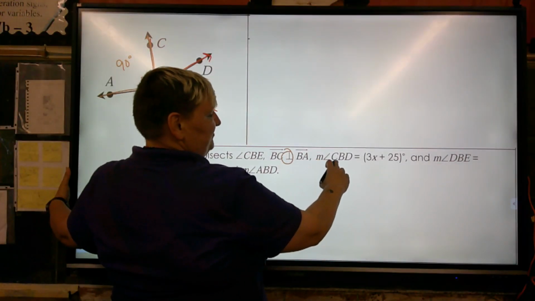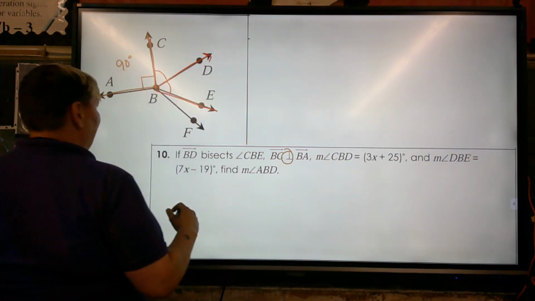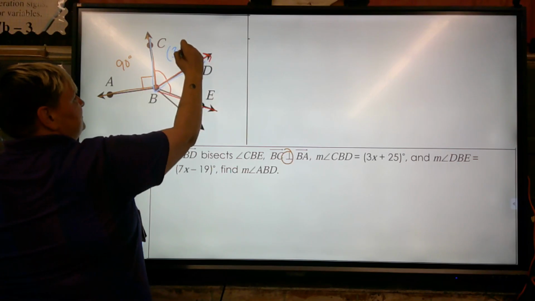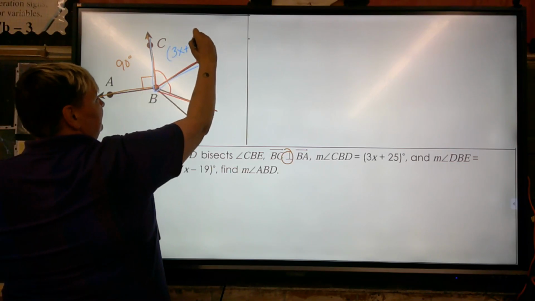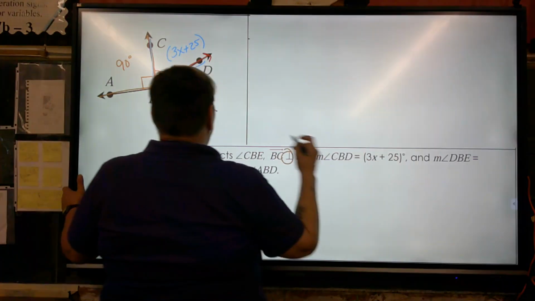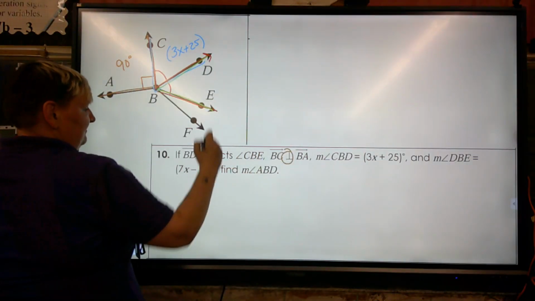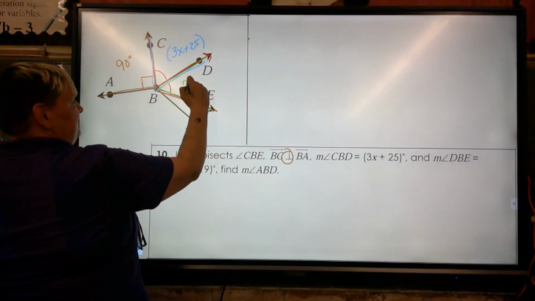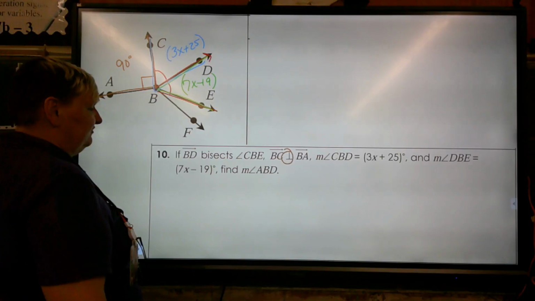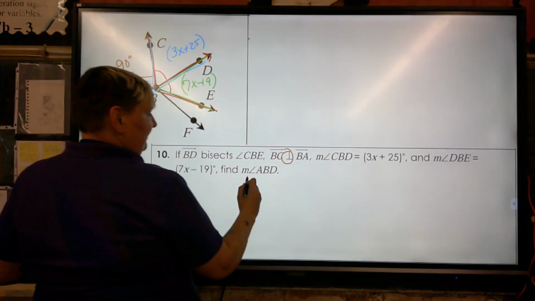And the measure of CBD is 3x plus 25. And the measure of DBE is 7x minus 19. Find ABD.